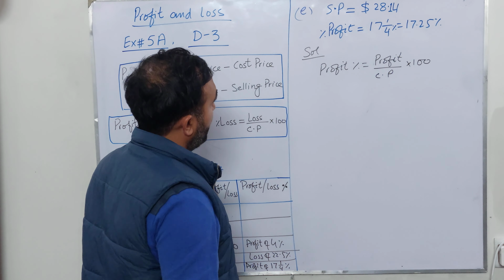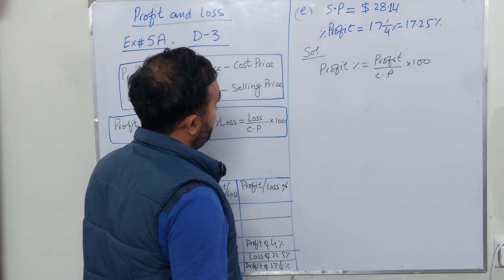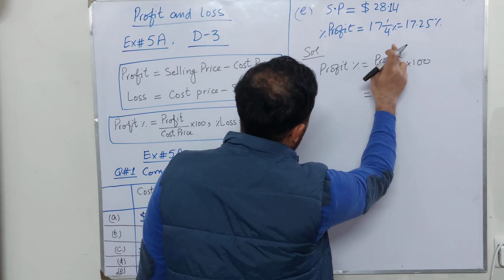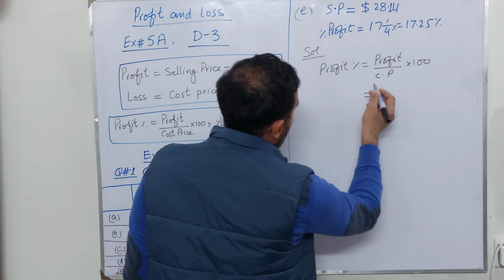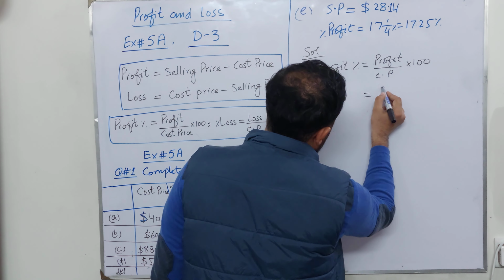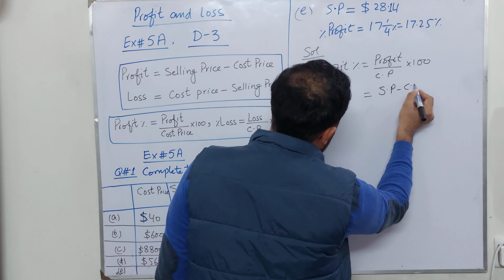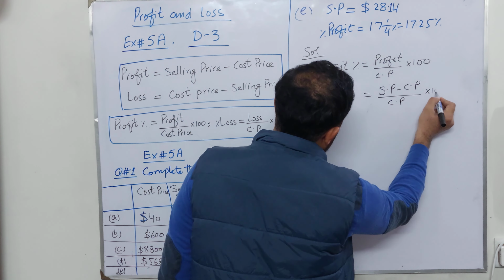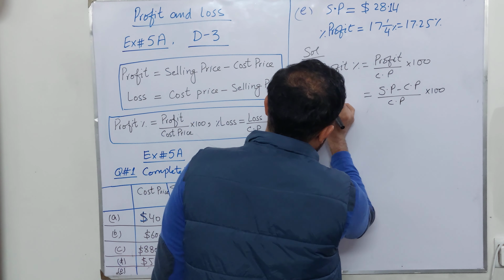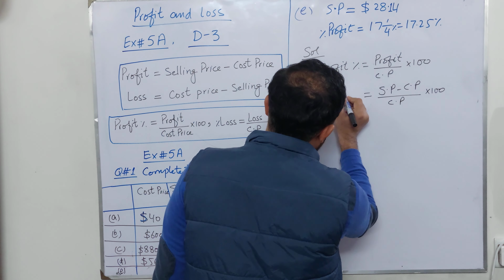Okay, but we have only selling price, and we can replace this profit with selling price minus cost price. So replacing profit with the selling price minus cost price, divided by cost price, multiply by 100. So that is profit percentage, right?